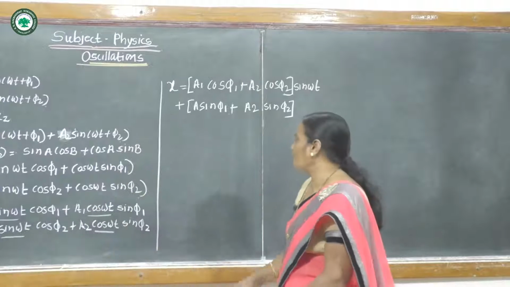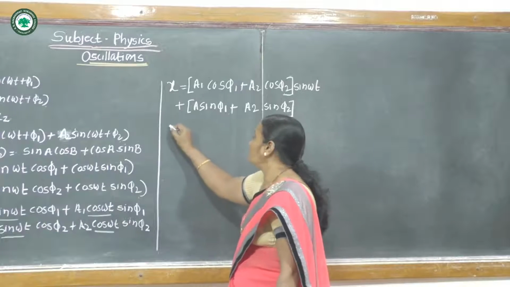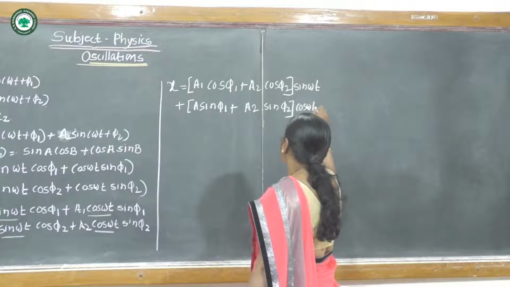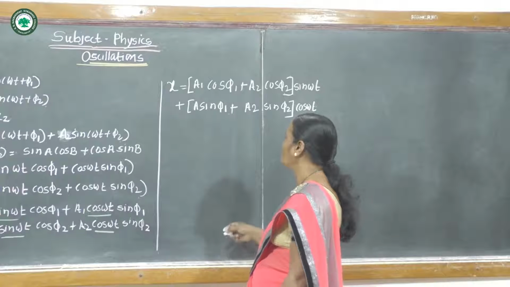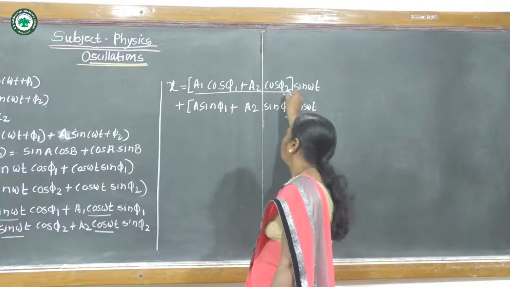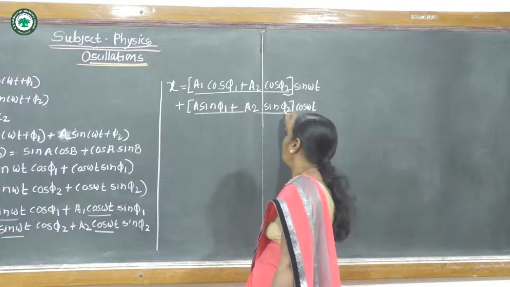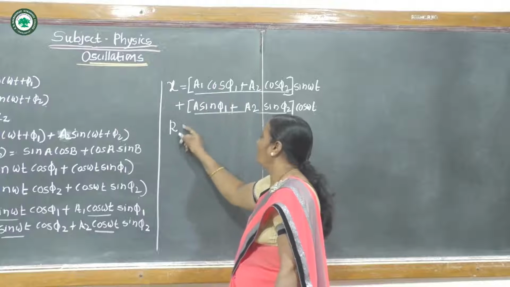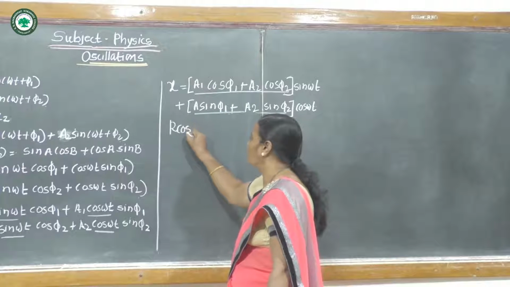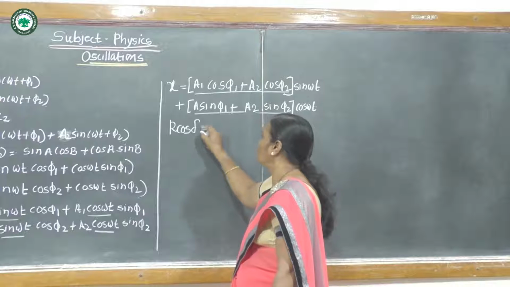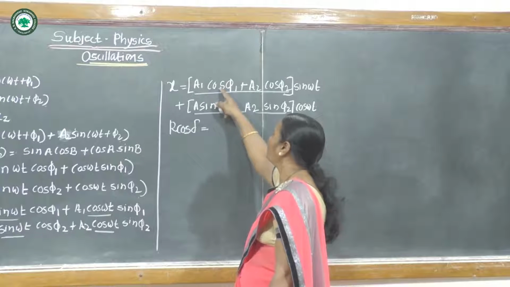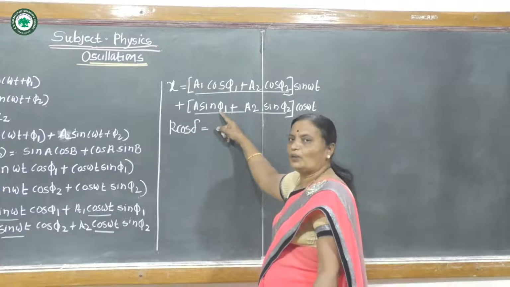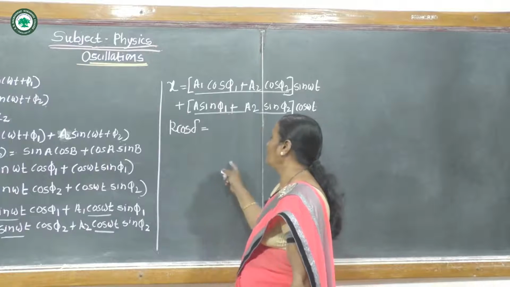Now we arrange the equation like this: x is equal to, with cos omega t multiplied by its bracket. Each bracket is a constant, so we substitute. For the cos term we can write r cos delta, and for the sin term r sin delta.